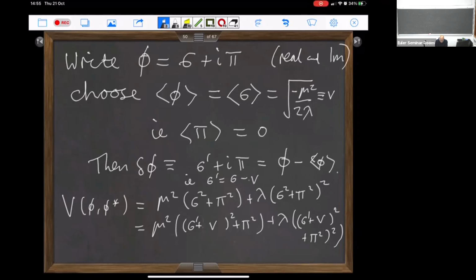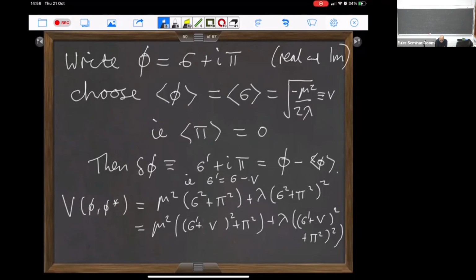So let's write the field in terms of its real and imaginary parts, sigma and pi, and choose the vacuum to be purely in the real direction, so that sigma has a non-zero expectation value, which is customarily denoted with a small v, the reason being that v stands for vacuum expectation value. And so the expectation value of pi is 0 in the vacuum.